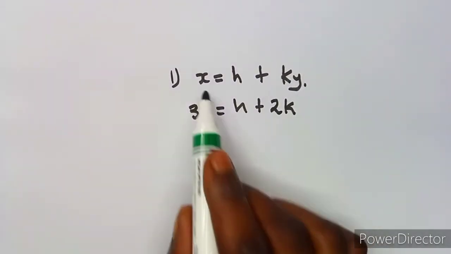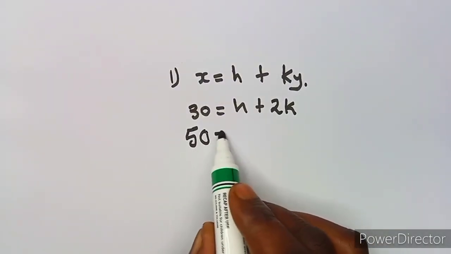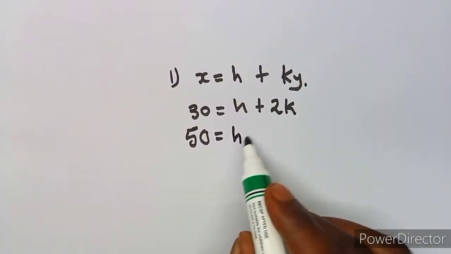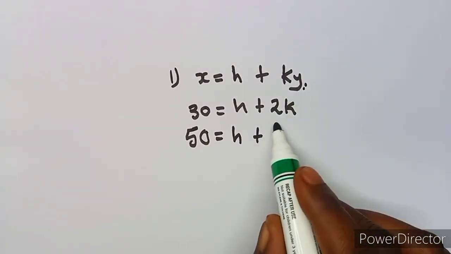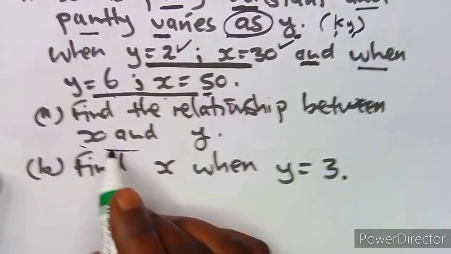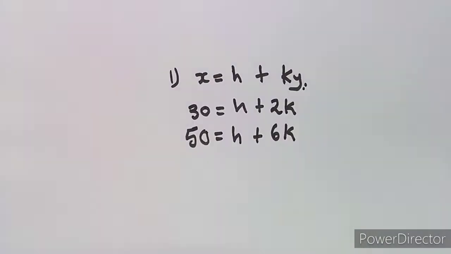So 50 is equal to H plus, in place of Y you substitute 6, so it's 6K.